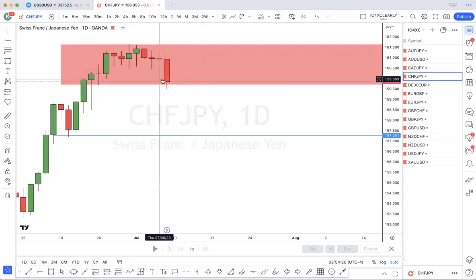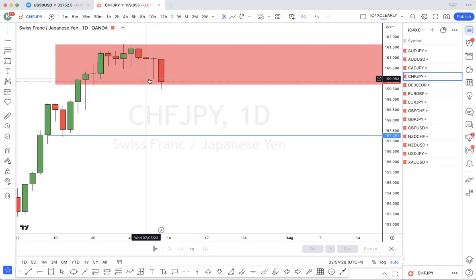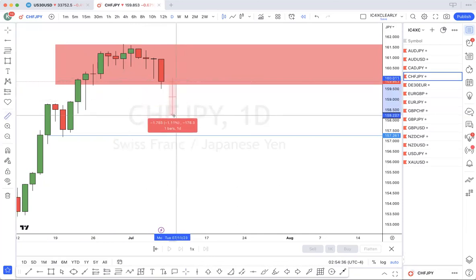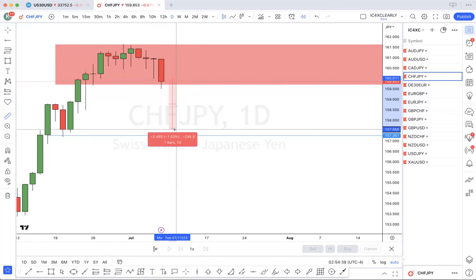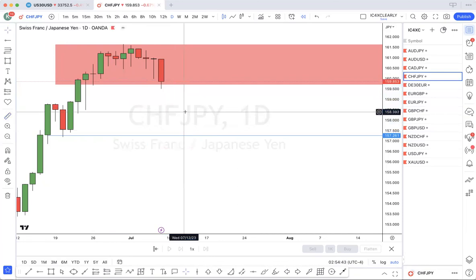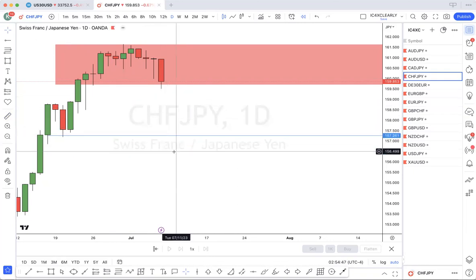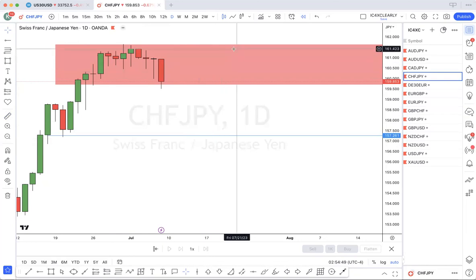Maybe price will pull back into this wick here and continue selling down. If that's the case, we're looking at about maybe 245 pips before it decides whether it's going to continue breaking structure or pull back and continue buying up.